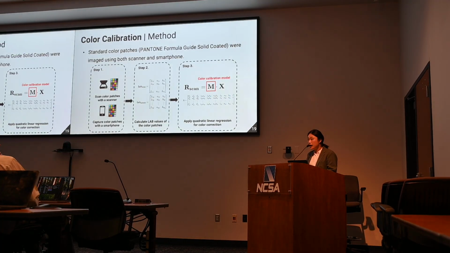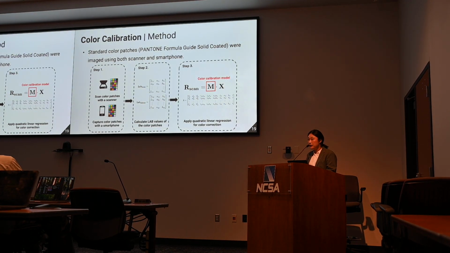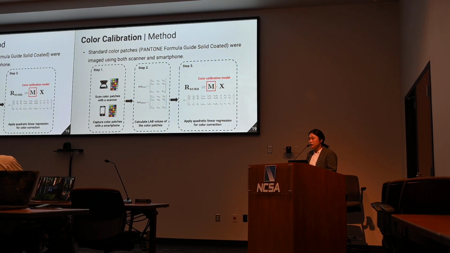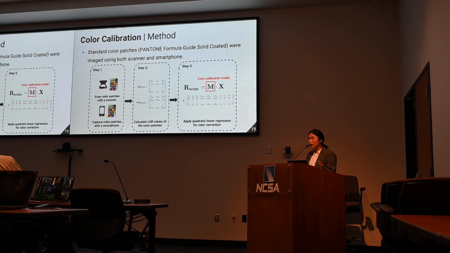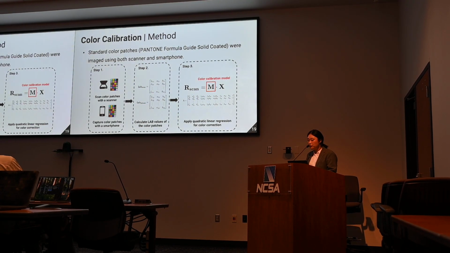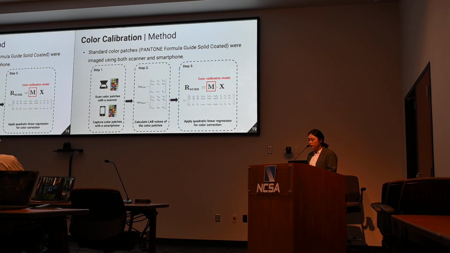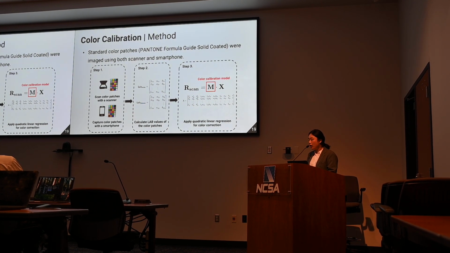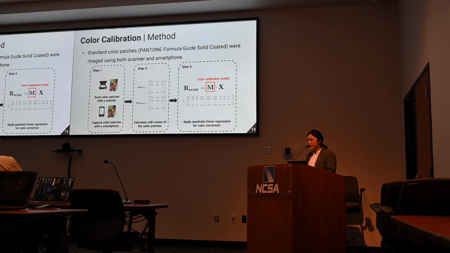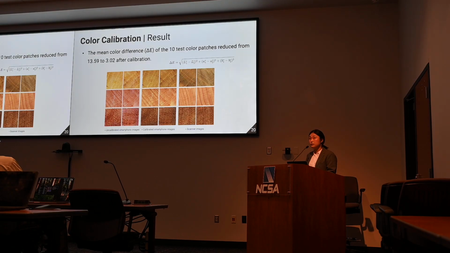We also apply a color calibration module to mitigate color differences between different devices. We captured Pantone standard color pages using both scanner and smartphone, and mapped smartphone LAB values to scanner LAB values using quadratic linear regression.